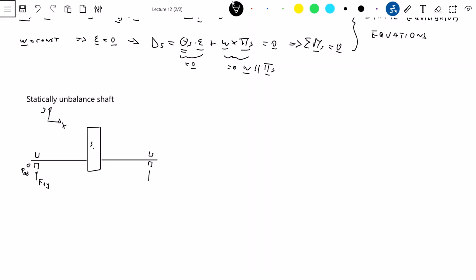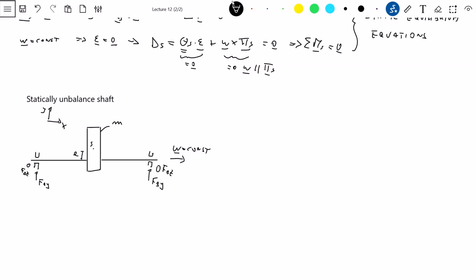Here we have F_BY and also F_BZ, you know what I mean with F_BZ, the force here in the Z direction, and omega is constant. Yeah, here is the center of mass. This is what we call the eccentricity E, and the mass of this disk is m.